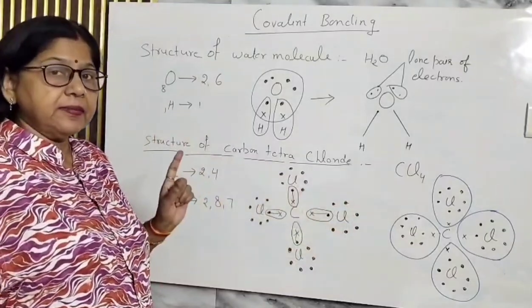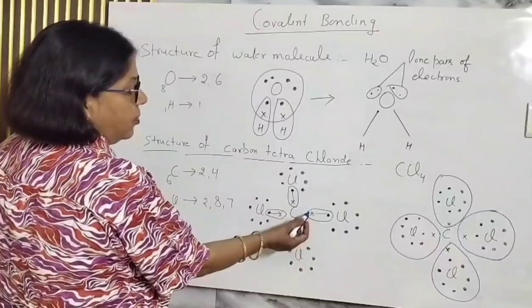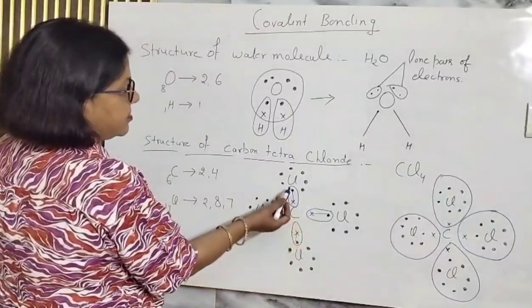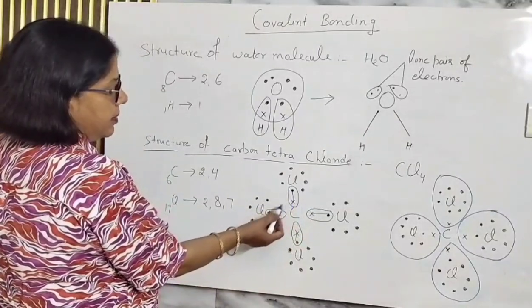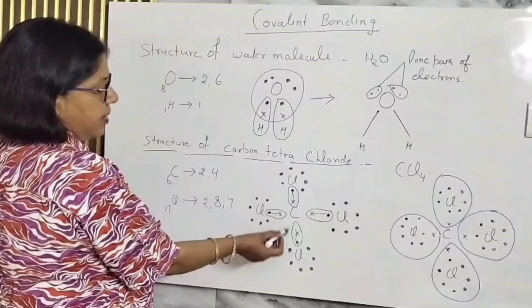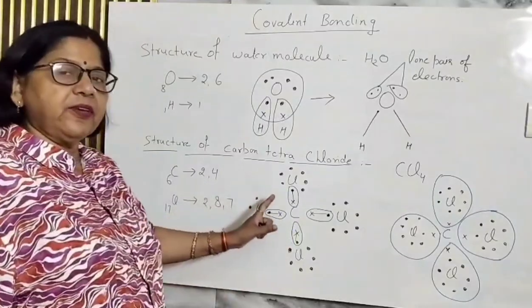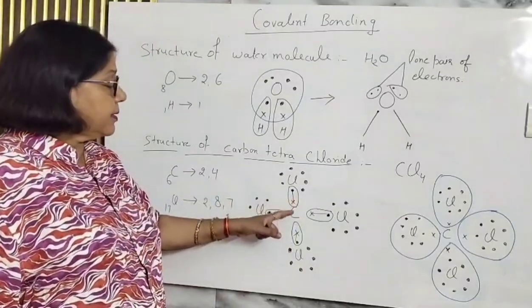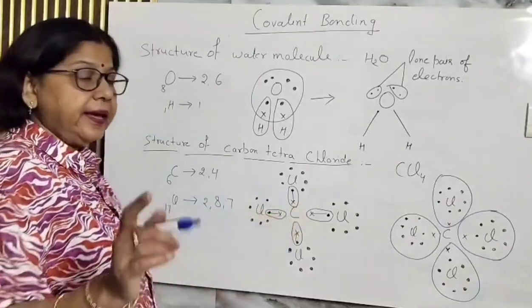Now, what happens? 1 electron of chlorine shares with 1 electron of carbon. In the same way, this electron of chlorine also shares with an electron of carbon. Similarly, here also and this side also. And in this figure, you see the carbon atom now has how many electrons? 8 electrons.